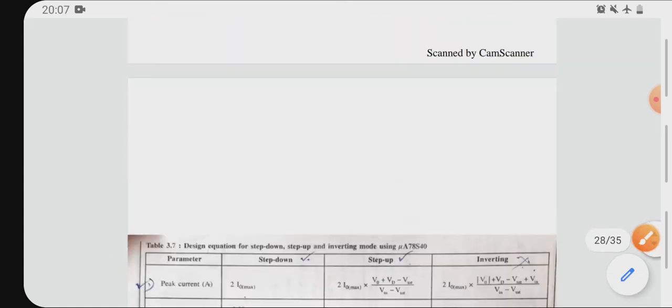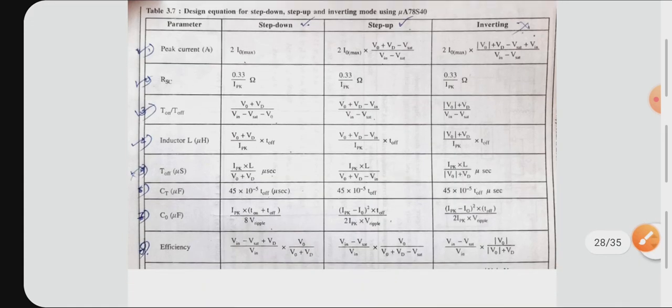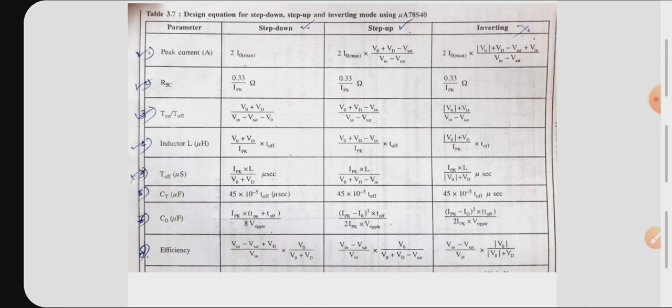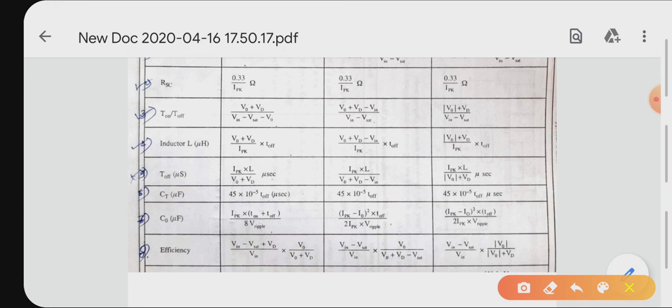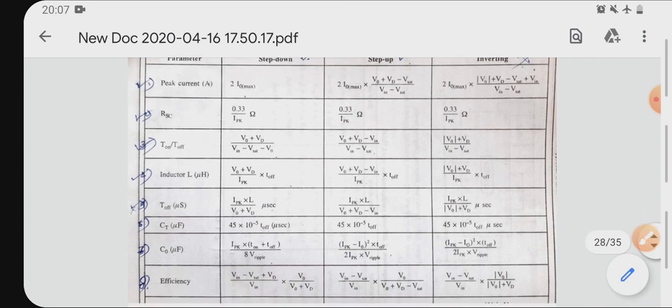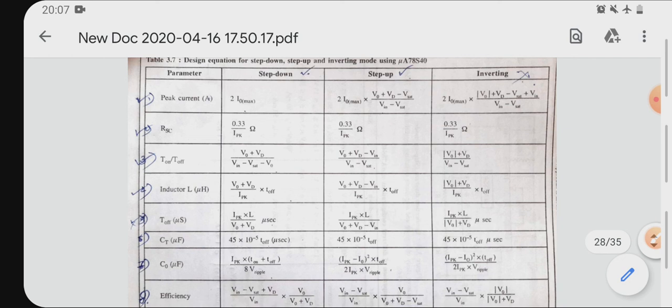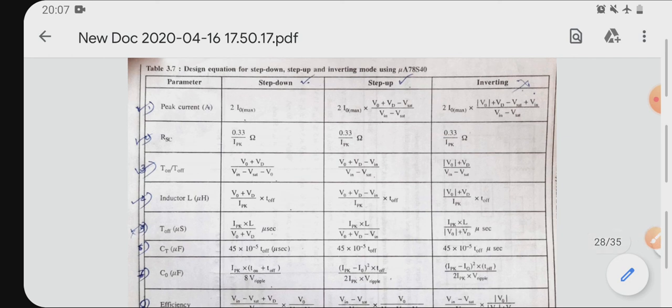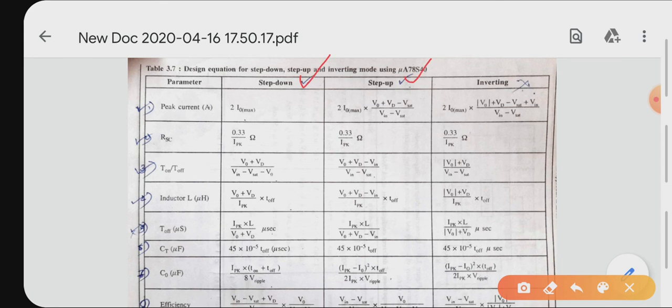Moving further, what formulas you have to keep in mind here? As I told you that the problems are many times asked in the exam for step up and step down, not asked on the inverter mode, it can work in inverter mode also. So you have to remember the formulas for step up and step down.